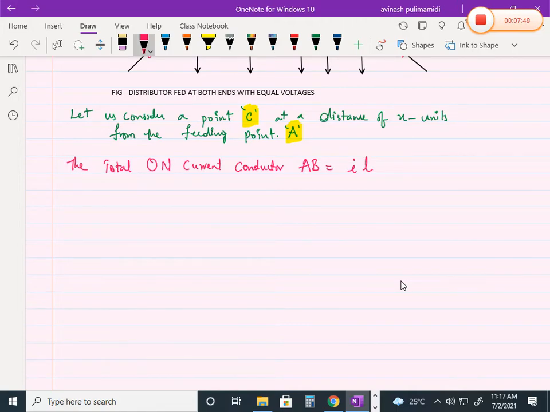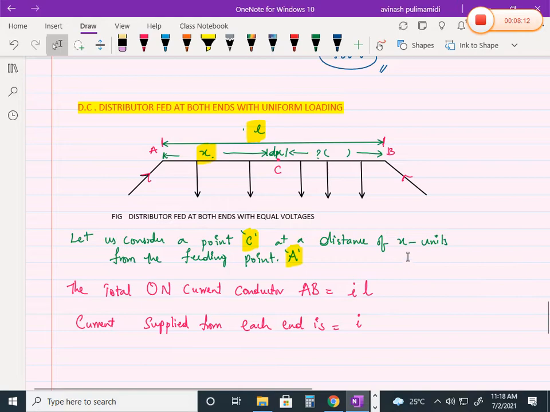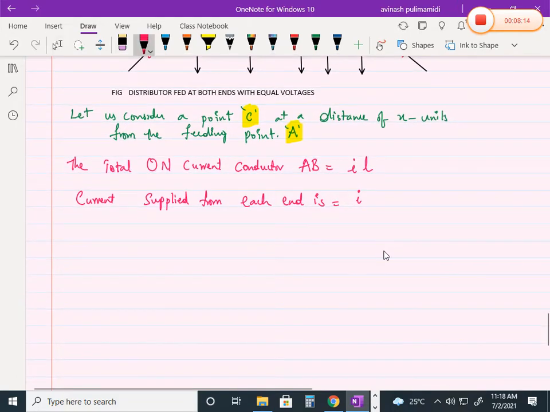Now the current supplied from each end is I into l by 2: from A it is l by 2, from B it is l by 2. So from each end it is I into l by 2.